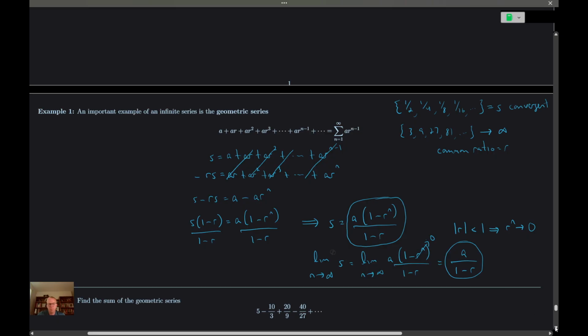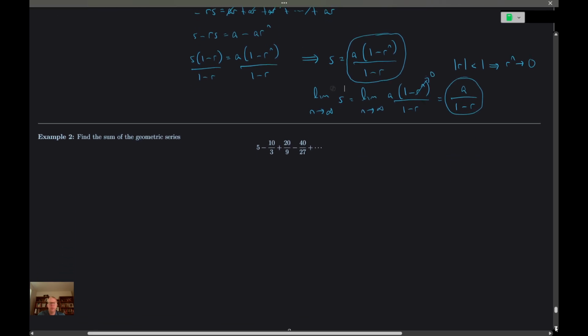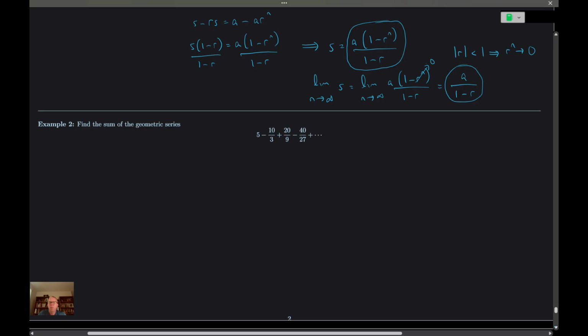So there you go. All right, so let's find the sum of this geometric series. Now this one, notice we have an alternating series, so signs are alternating. So now to find the common ratio, and you may remember this from algebra, we really just need to take any two consecutive terms and divide. So divide, say, 20/9 divided by -10/3.